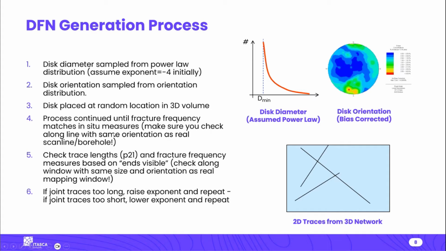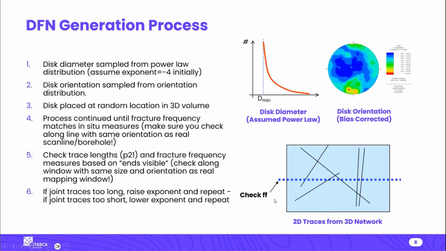The density could be, again, P10, which is the number of fractures per unit length along some line, or it could be P21, which is the length of fracture per unit area on some surface. So you just keep on going. And then what you probably do is check. So maybe you have one borehole defining when to stop, and maybe you have other boreholes that you're using for checking.